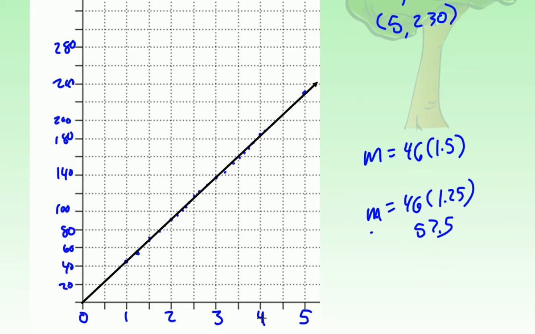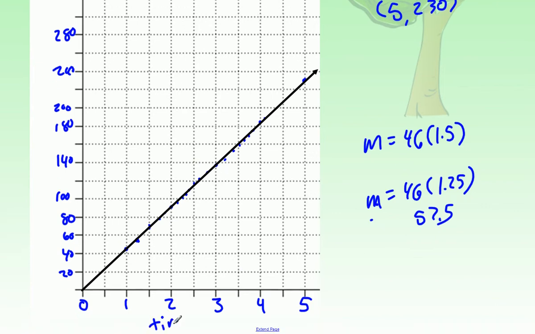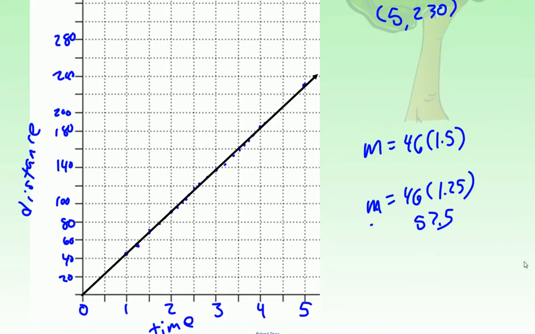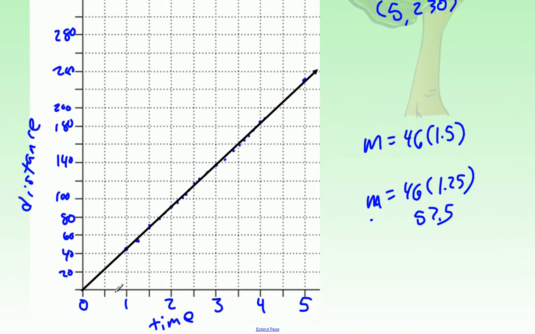That line is perfectly straight. Now, my dots are not going to be perfect, obviously. But that shows you the relationship between the amount of time and the distance that this car traveled going 46 miles per hour. Every 1 hour, 46 miles. And it just keeps going up at the same rate.